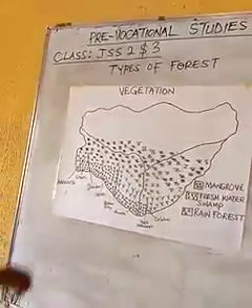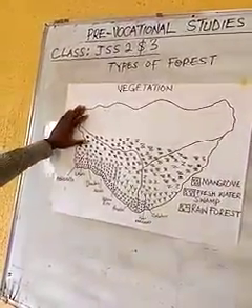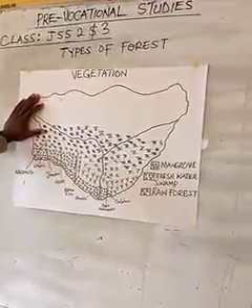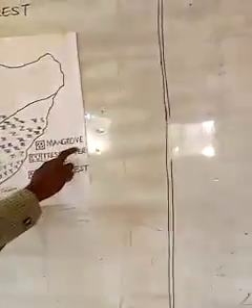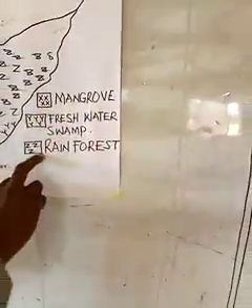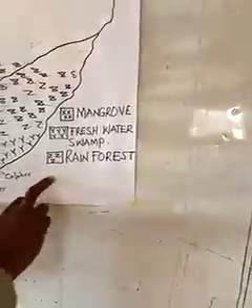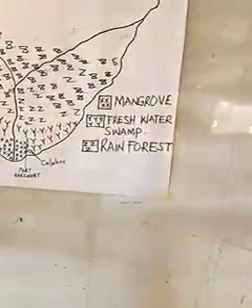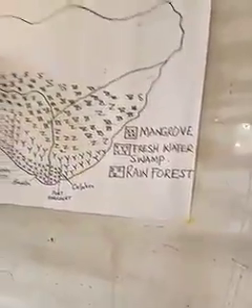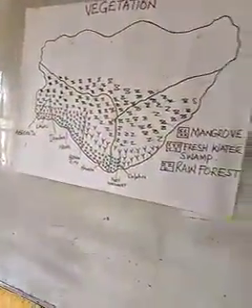So we are going to use this map to explain where this type of forest, like mangrove forest, freshwater swamp, rainforest, and derived forest. We are going to use this map to explain it. This is a map of Nigeria.